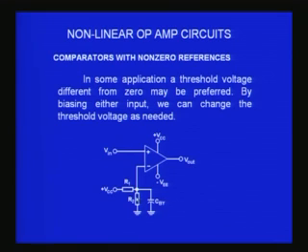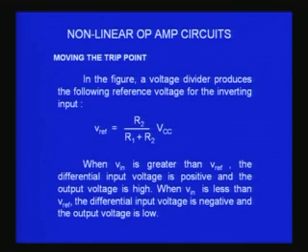In the example I showed, R1 and R2 were 10K and 1K, so the threshold was around 1.2 volts. But if you choose, for example, R1 and R2 equal to 10K and 10K, then it will be half of VCC, maybe 7.5 volts or whatever. So the reference voltage is R2 divided by R1 plus R2, times VCC.